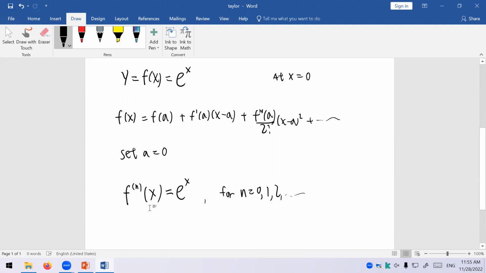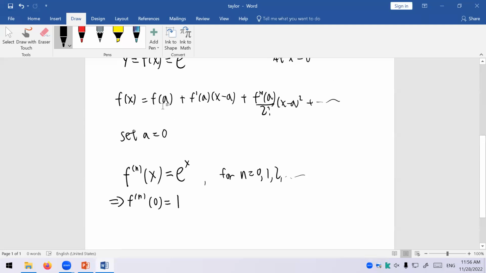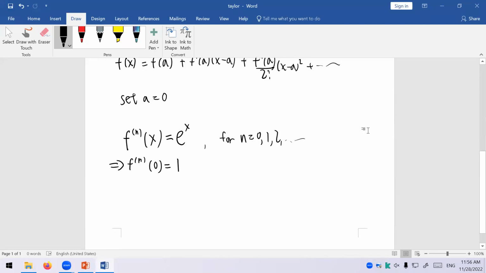Therefore, at 0, any order derivative will just give you 1. So that means this is 1, this is 1, this is 1, and so on.